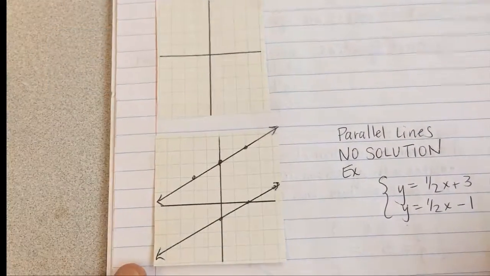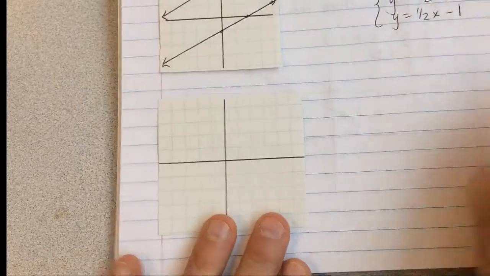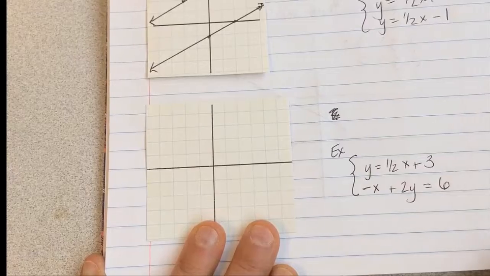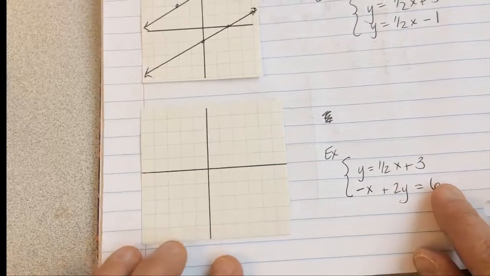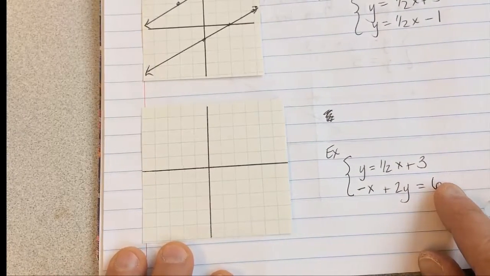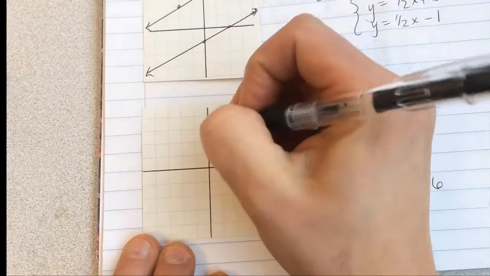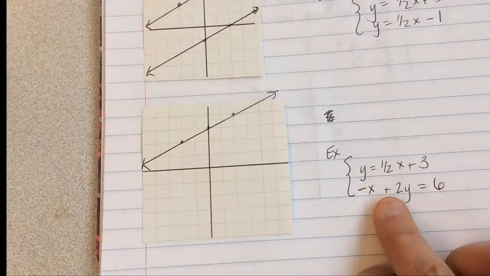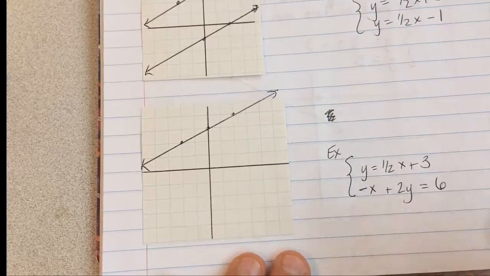Here's another thing that can happen though. Suppose we have these two equations. Now y equals 1/2 x plus 3, that we graphed before. What about this line? Let me see if I can put it in y equals form.